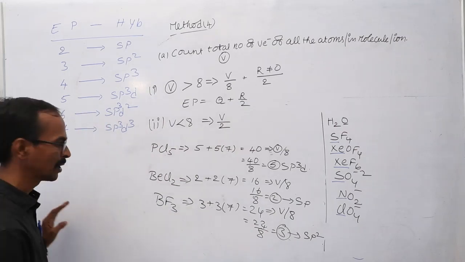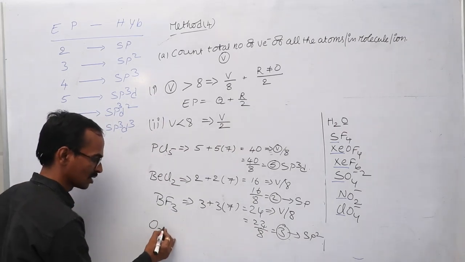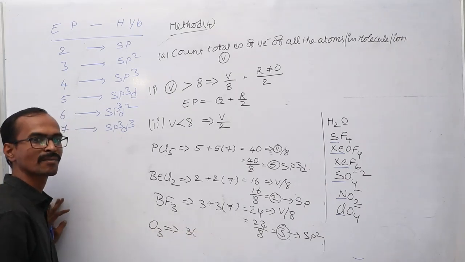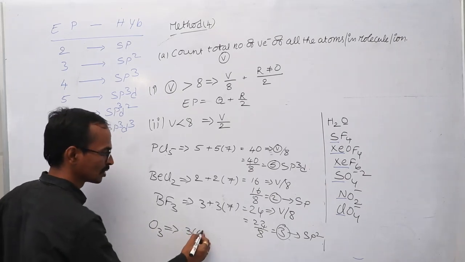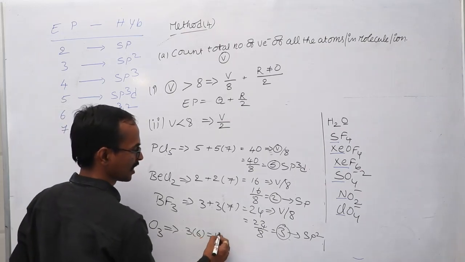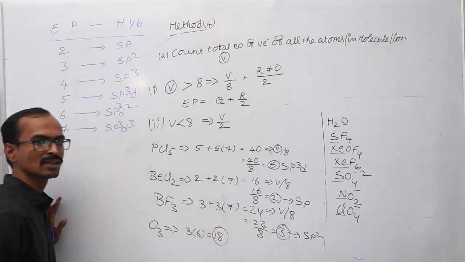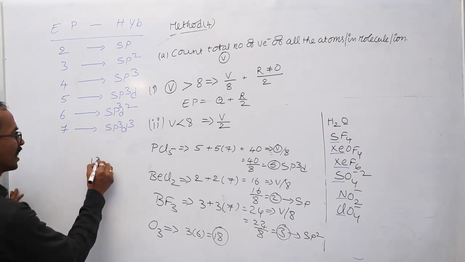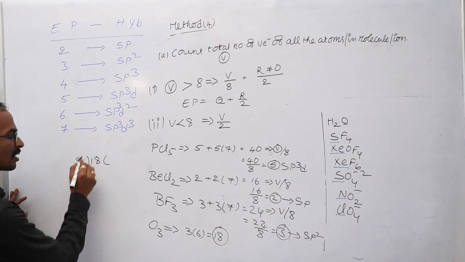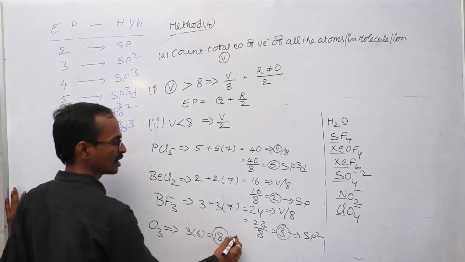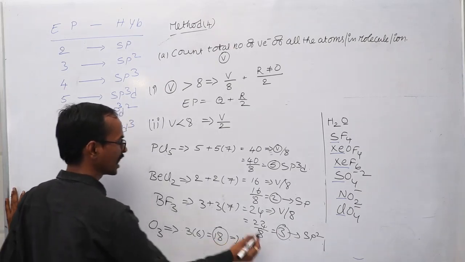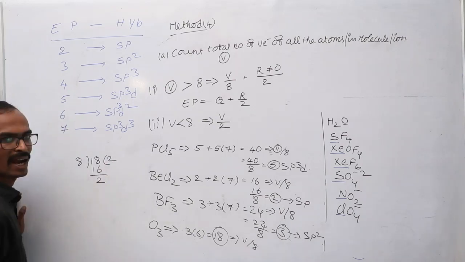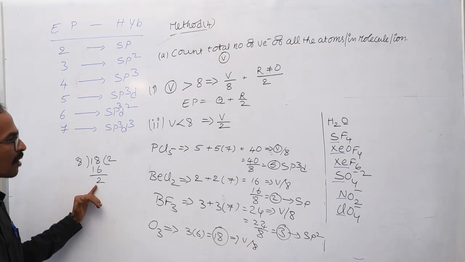The last example, O3, I have considered. So 3 oxygen atoms, and oxygen belongs to the 6A group. So 3 into 6, 18 I got. V is greater than 8, so divide it with 8. If I divide, what happens? 2 times 8 is 16. 2 is the remainder. So we don't get 0 remainder. The quotient is 2. And then what you have to do?